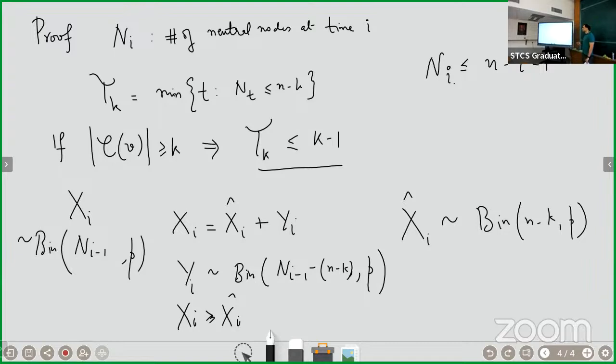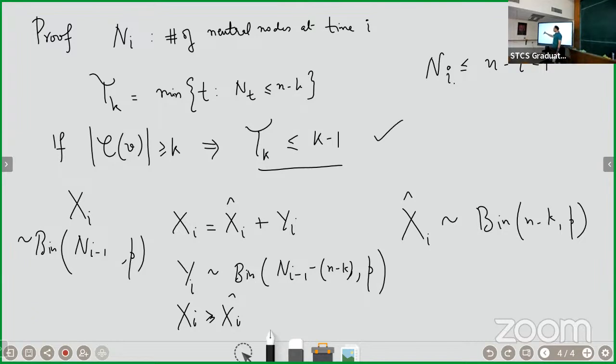That is non-negative. So why is it non-negative? So this is obvious. You can use this if you want. This is also useful.